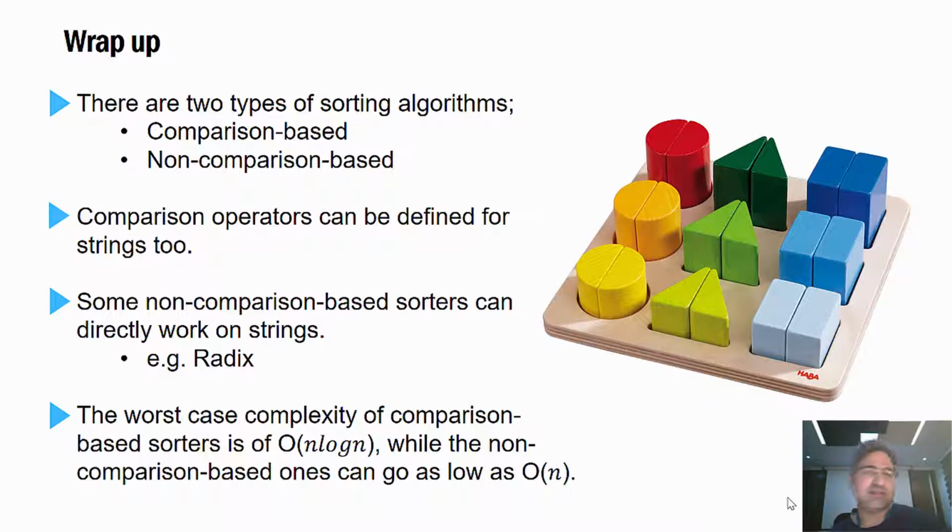And the interesting thing is that the worst case order of complexity for comparison-based sorters doesn't go below n log n, or O of n log n, but non-comparison based ones can go as low as O of n.